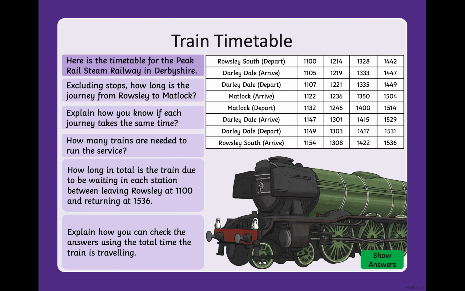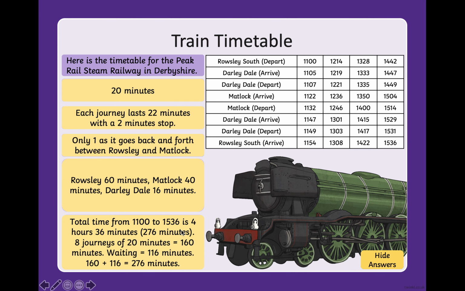So you can actually have one train doing all of them, but the question is, can these trains go back as fast as they can to actually be able to start the next journey at 12:14? Now let's see the actual answers. Okay, so Rowsley 16 minutes. Okay, no, only one, as it goes back and forth between Rowsley and Matlock.